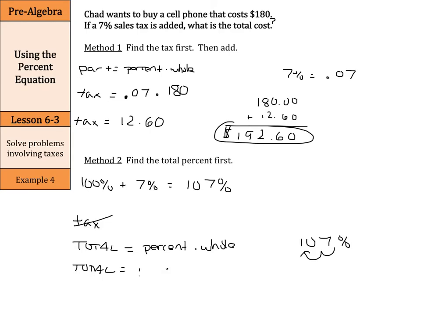Rewrite that there since it kind of smeared a little bit. 1 7/100 times the whole of 180. And as you multiply this, it shouldn't be a surprise that 1 7/100 times 180 is $192.60.